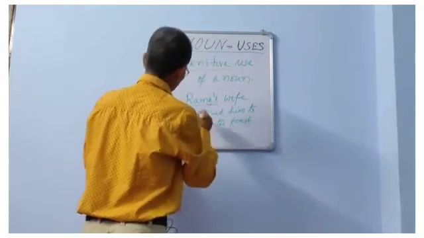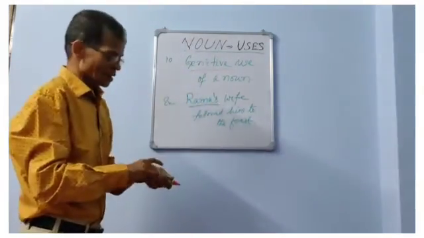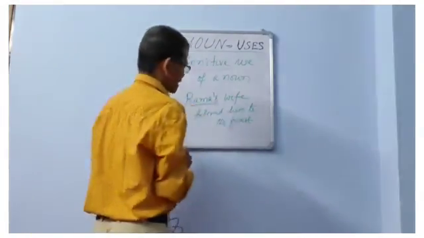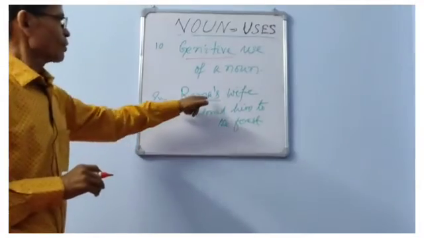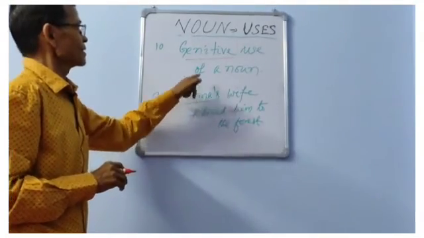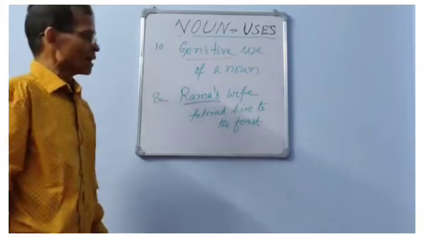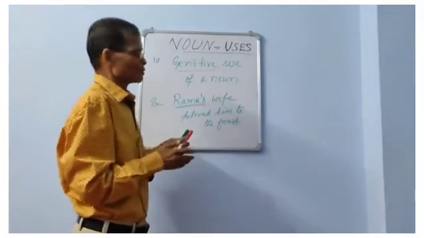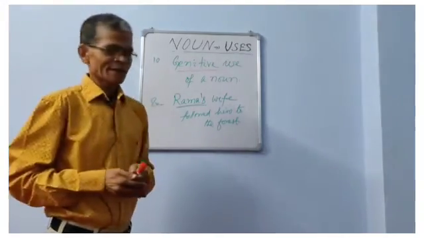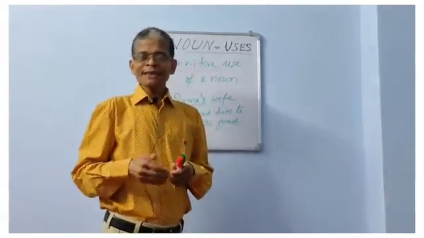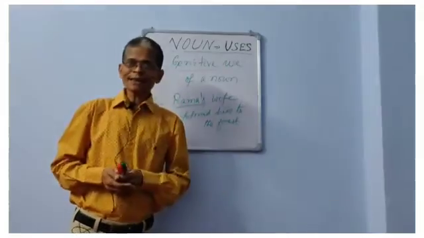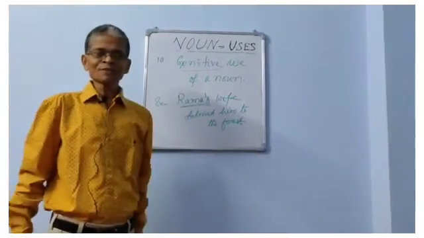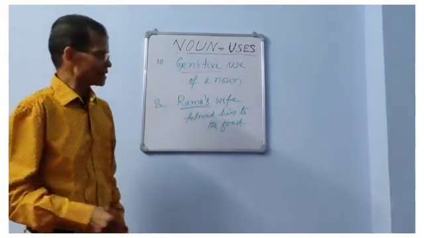Here Rama's wife, this is the genitive case. That means it refers to Rama, whose wife. Rama's wife is also the possessive case, and this is also called the genitive case. Now this is all about the 10 different uses of nouns, and to understand it in a better way you have to do some exercises, and in case you find any difficulties in understanding this chapter on nouns, you can also send me some messages.